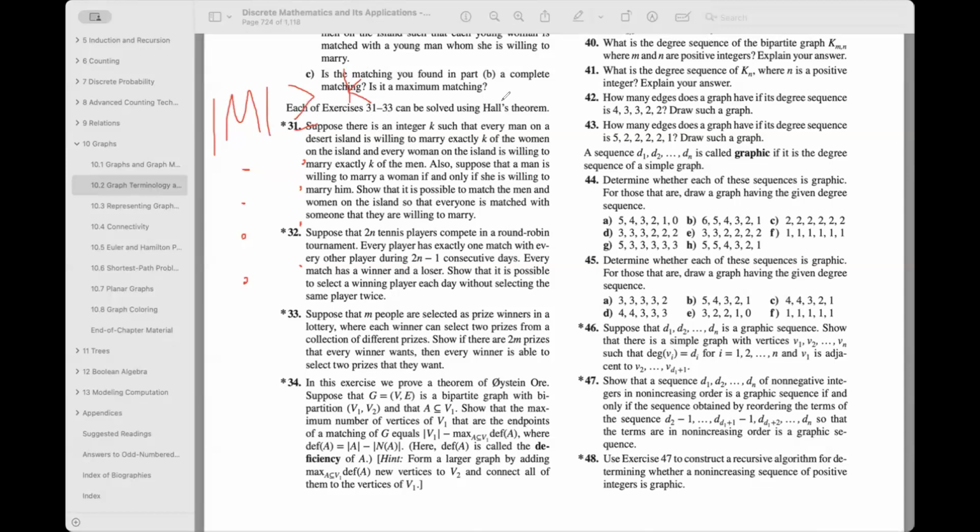Actually, let me just copy paste this and solve it. Okay, interesting. All right.